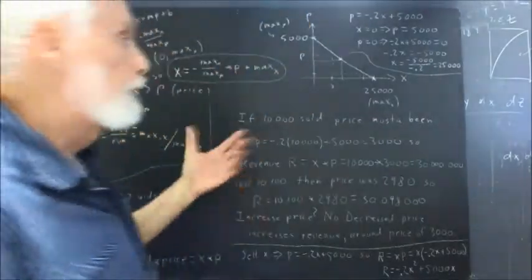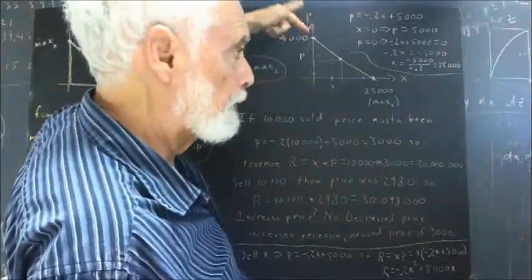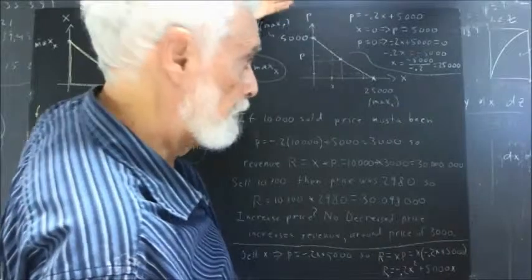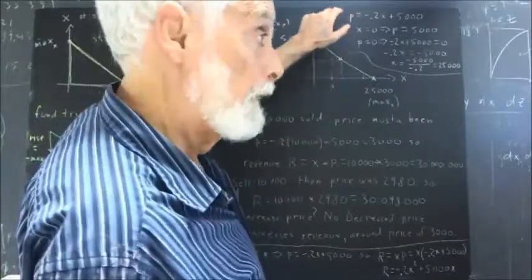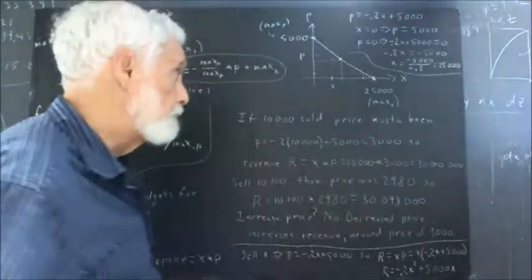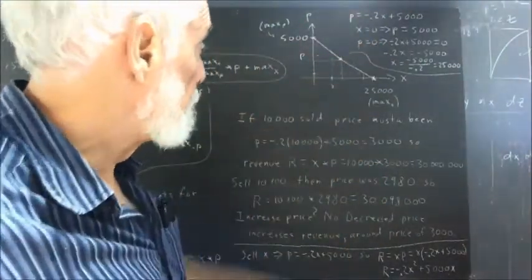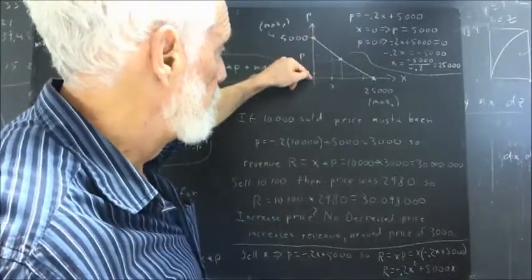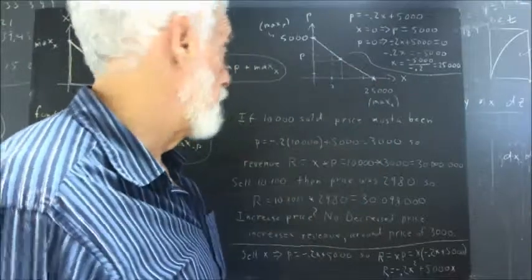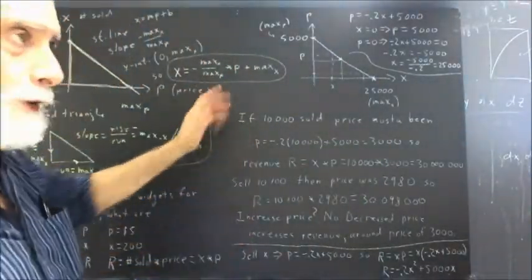Okay, now this isn't a cause and effect. Usually, if it's a cause, it's the price that's causing the X, not the X that's causing the price. So this graph is sort of backwards, but that's the way the function was given, so we're going to deal with the graph as it is. We still got a good function. And the 25,000 says, well, if we drop the price to 0, then we're going to sell 25,000 of these things.